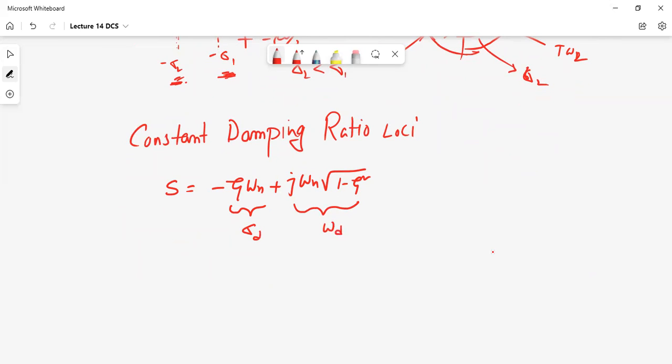So we can also write it as minus sigma d plus j omega d.